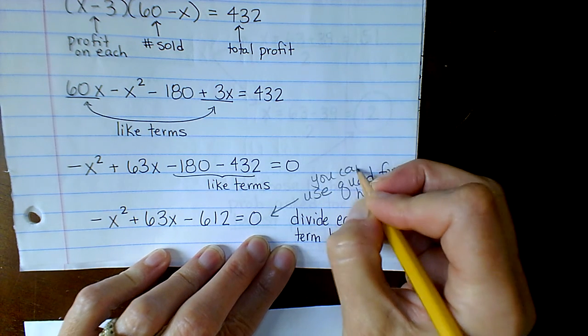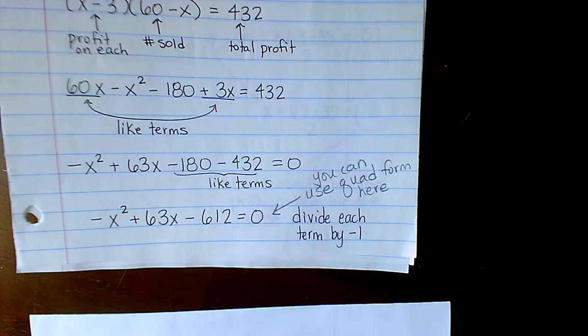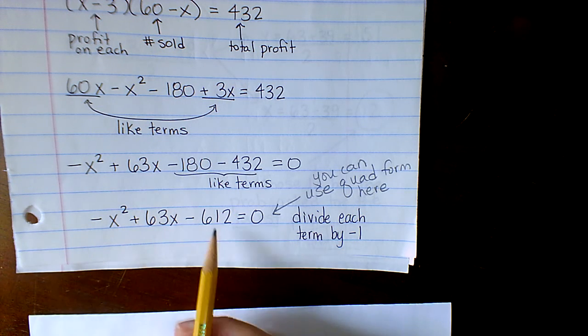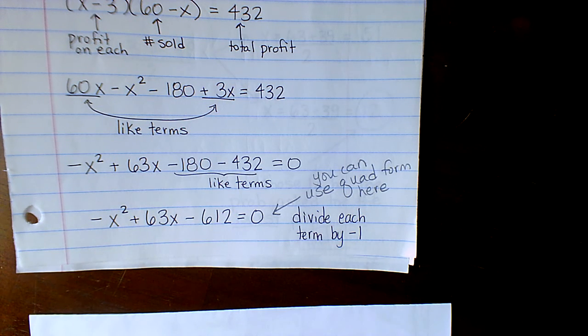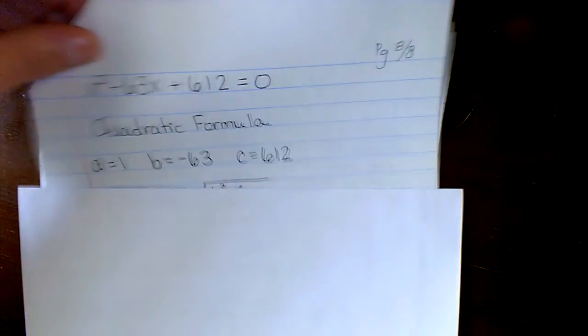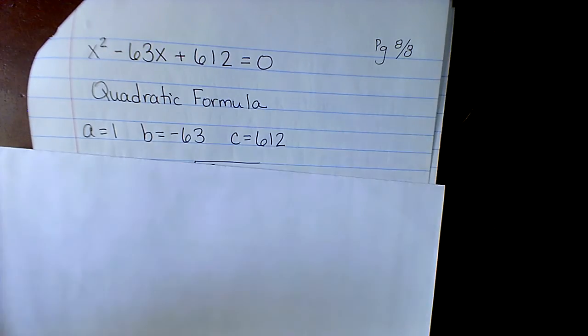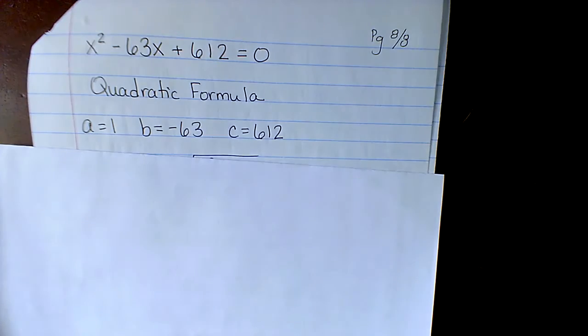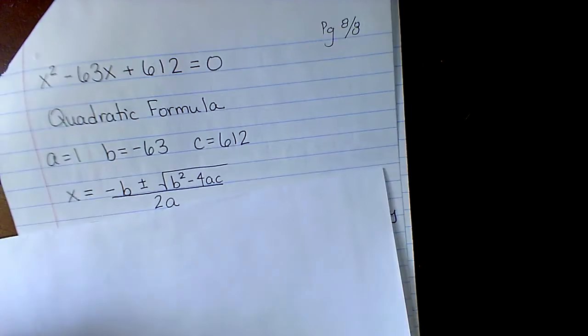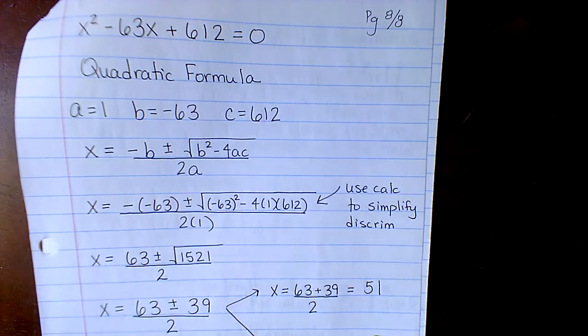You can use the quadratic formula here without dividing by negative 1. A is negative 1, B is 63, C is negative 612. I chose to divide by negative 1 and then use the quadratic formula, because it's going to be messier with a negative a.